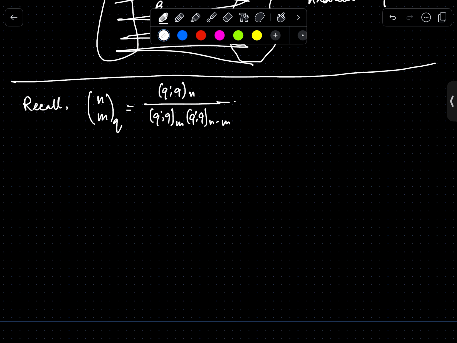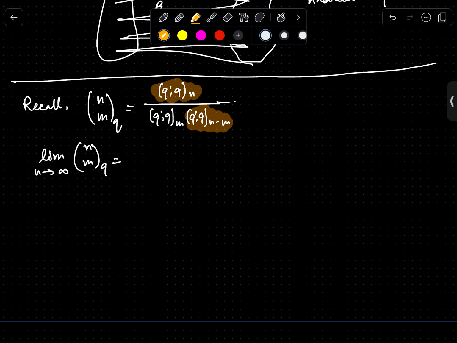First thing is that if you take q goes to 1, then this becomes the normal binomial coefficient. But now I want to take the limit as n goes to infinity of this. What happens then? If n goes to infinity, then this (q;q)_n in the top and (q;q)_{n-m} in the bottom cancel out. This becomes (q;q)_infinity. So what I have remaining is just 1 over (q;q)_m.